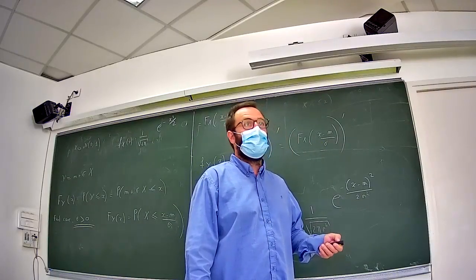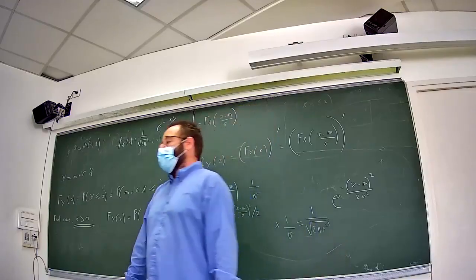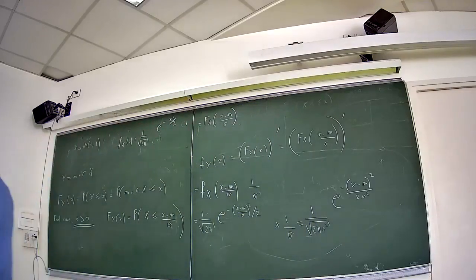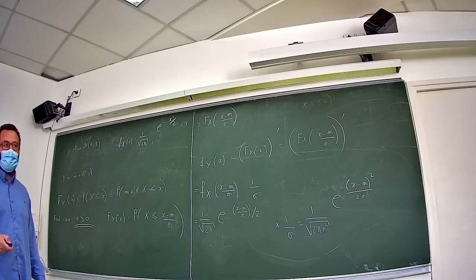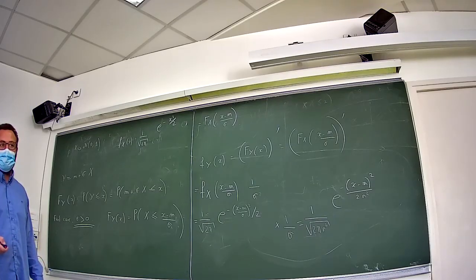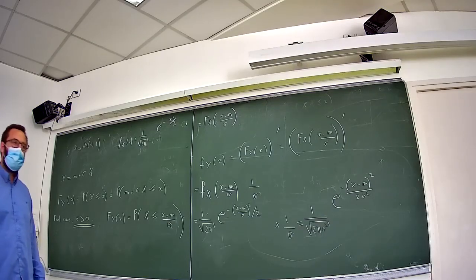Since I have proved that the density function of Y is equal to this expression, I have proved that Y follows N(m, sigma squared). So I have proved the first statement: if X follows the N(0,1), then m plus sigma X follows the N(m, sigma squared).